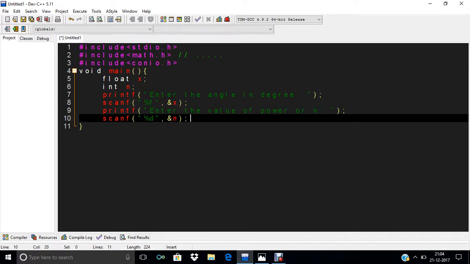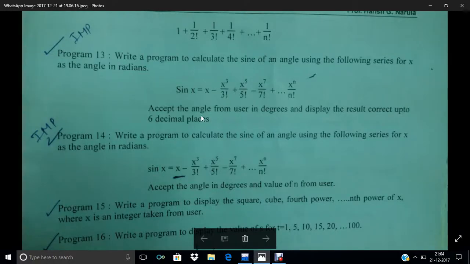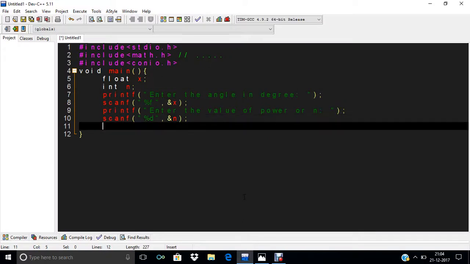Now in the question it has been mentioned to accept in degrees, but for the calculation part x has to be the angle in radians, we need that in radians. I believe your maths isn't that weak. It's quite simple to convert it to radians. Just multiply it by 3.142 by 180. x equals x into 3.142 by 180.